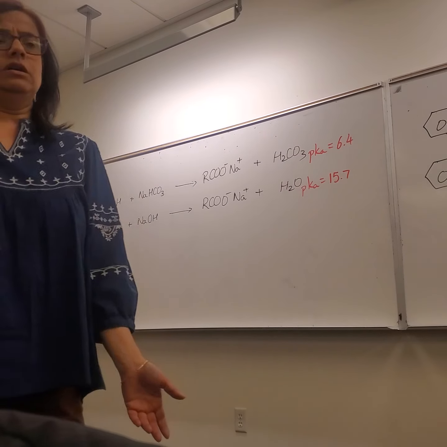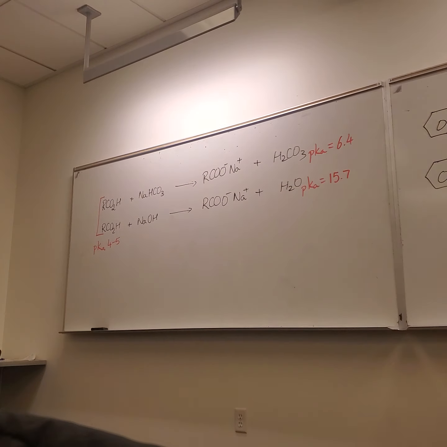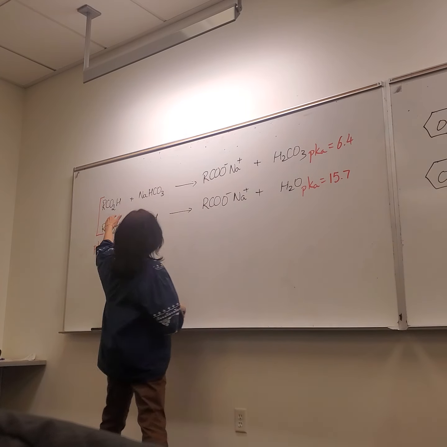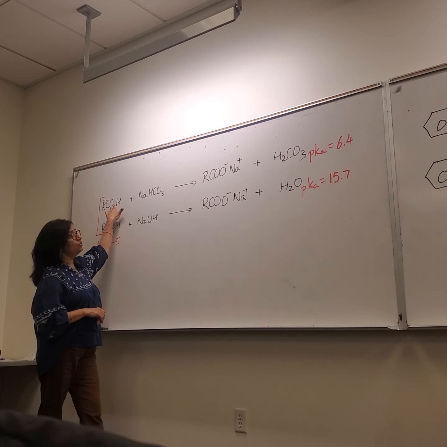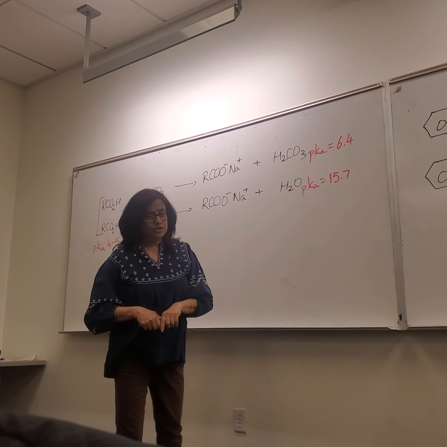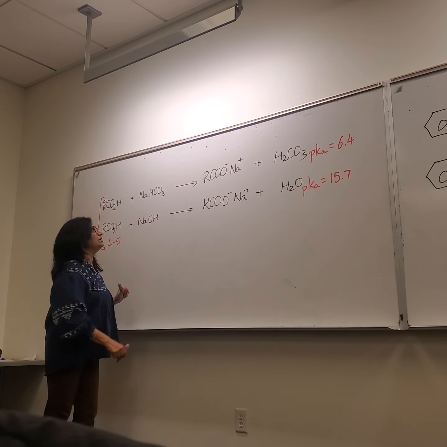What's the rule? Higher pKa, weaker acid. Okay, but then which direction does the equilibrium go? Which is the weaker acid of the two in the first equation? Is the carboxylic acid the weaker acid or carbonic acid? Carbonic.